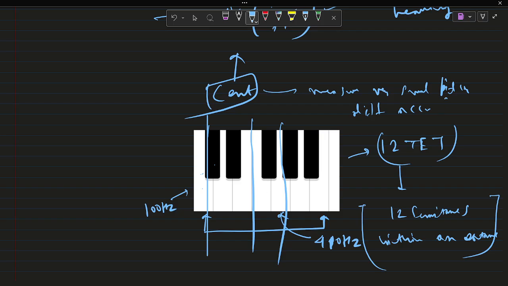And it's uniform. Suppose you are at this note.